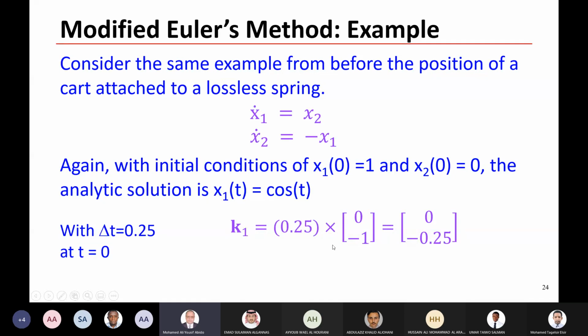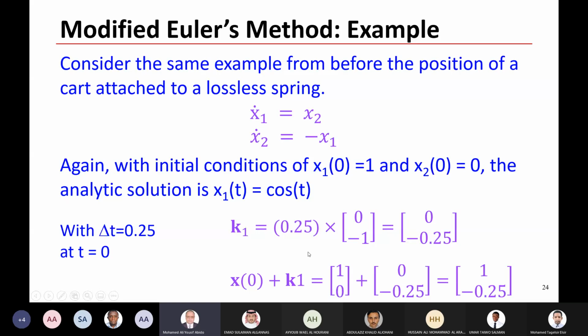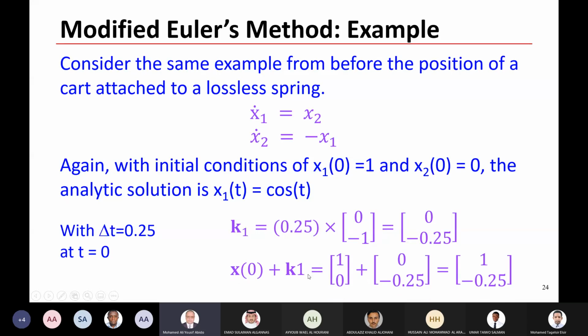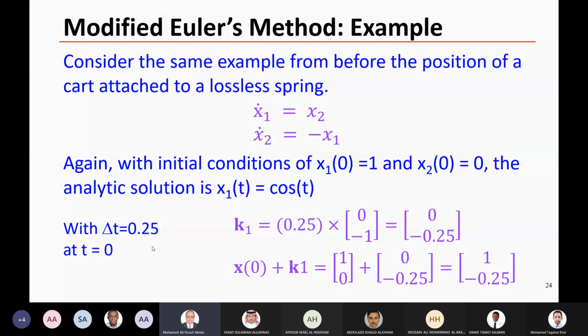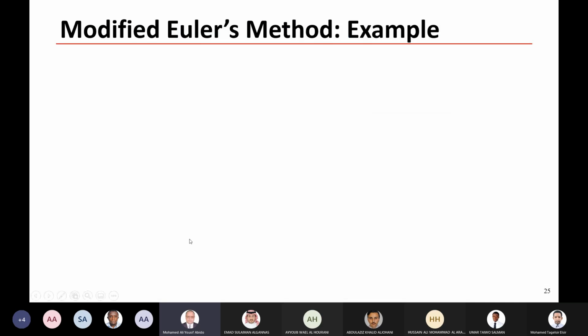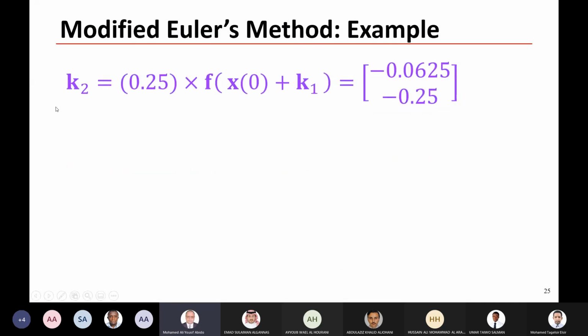So this is the initial condition, and x of 0 plus k1 would be x1, and k2 equal to 0.25 f of x0 plus k1, the derivative of x1 predicted here.